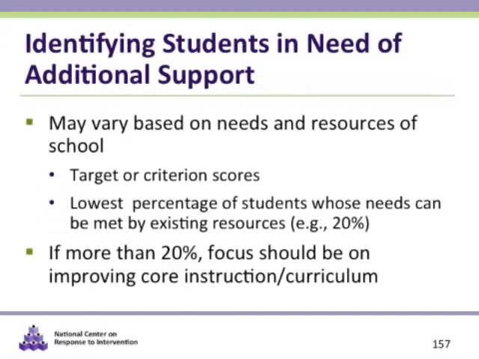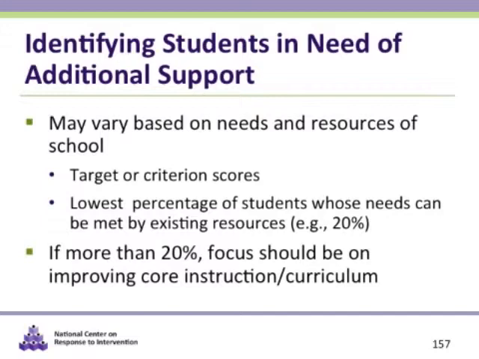So we need to look at which students to allocate the resources to, based on how many resources are available and where the greatest need is. We may need to identify the lowest percentage of students whose needs can be met by existing resources. So for example, maybe we only have enough funds to support 20% of our population. That's how we will then set a target identification rate.